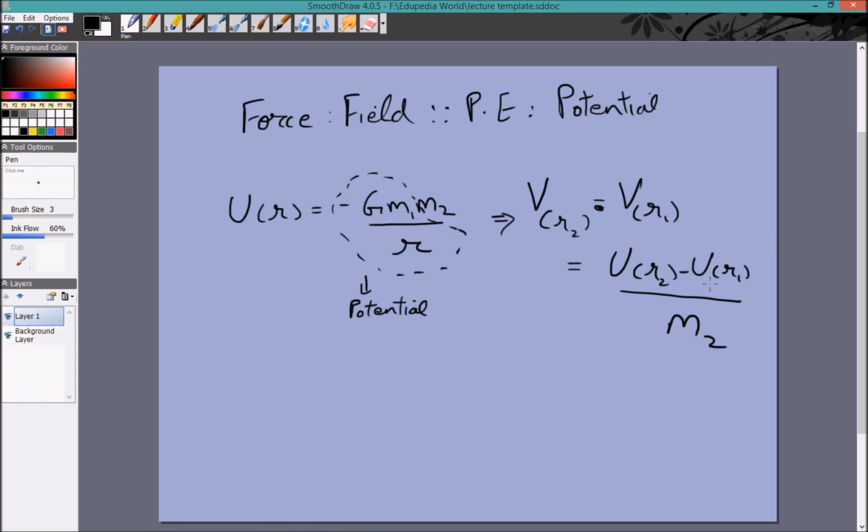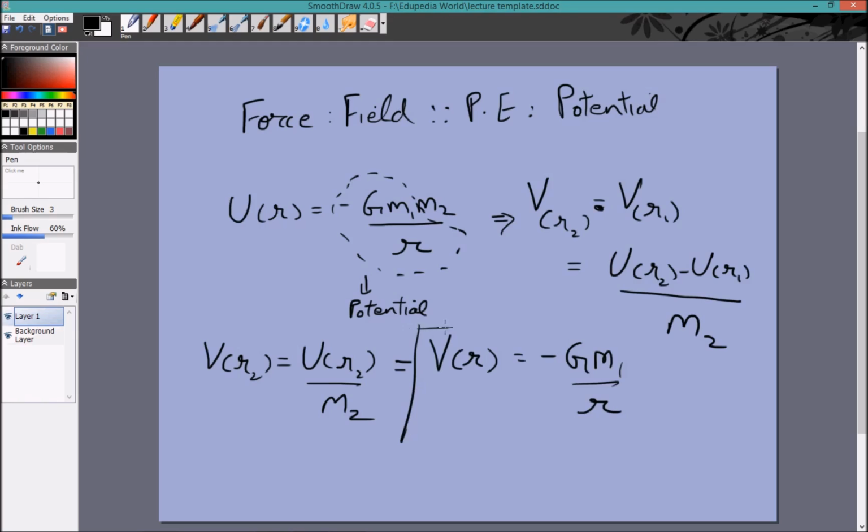Now if we take R1 to be the reference point, then we simply get V of R2 is equal to U of R2 by M2, because at the reference point both the potential and the potential energy will be 0. And if we take the reference point to be R is equal to infinity, then we get V of R is equal to minus G M1 by R. Again, the upper formula is always true, the lower formula is only true when we take the potential at infinity to be 0.